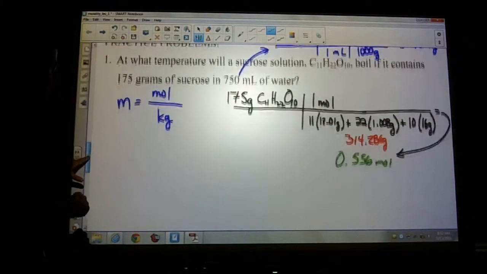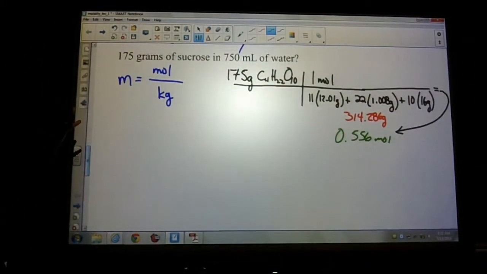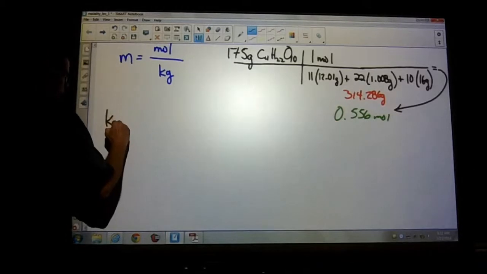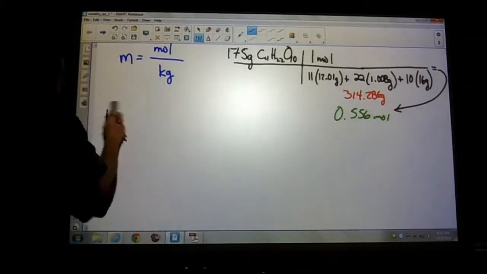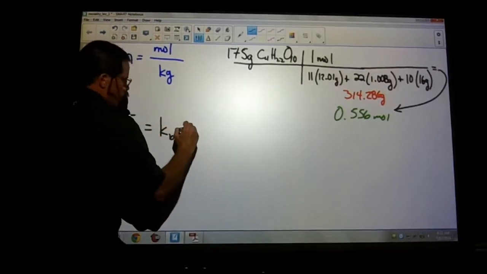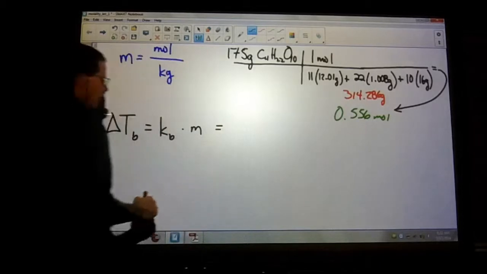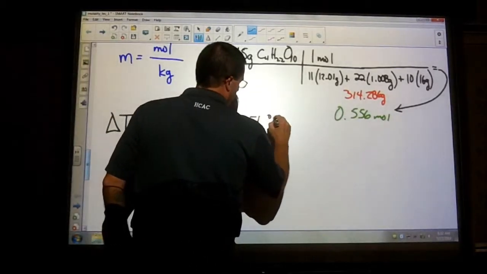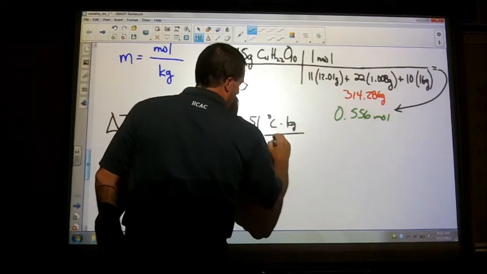So your molality, and you have one of 2 ways of showing this. What are we doing, boiling? Yeah, we're doing boiling. So delta T sub B is equal to K sub B times the molality, which in this case, our K sub B is 0.51 degrees Celsius kilogram per mole.